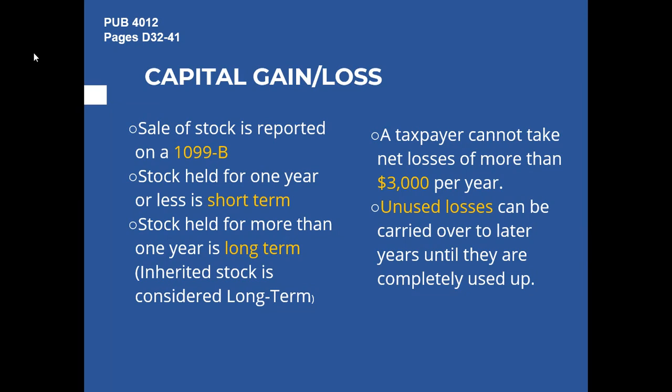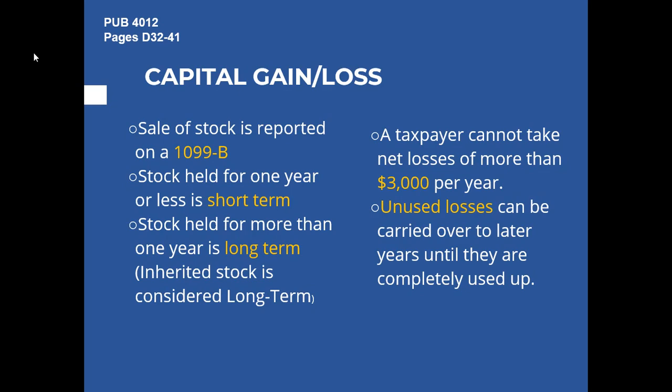So if they lost more than $3,000 when you take everything that they did and put everything together for their capital gains and losses, $3,000 will show up on the actual tax return this year, but all that extra loss gets carried forward or rolled over into next year to help them out next year. And it keeps rolling until it's all used up.